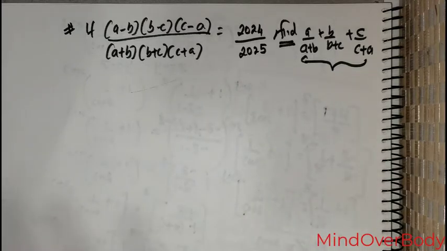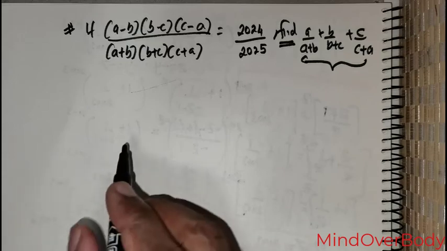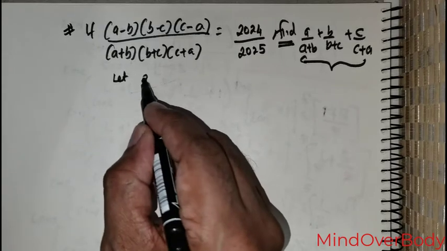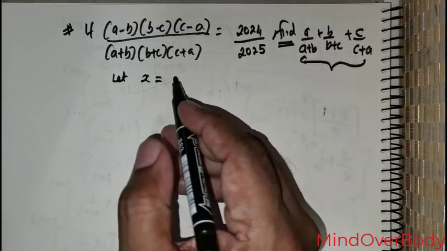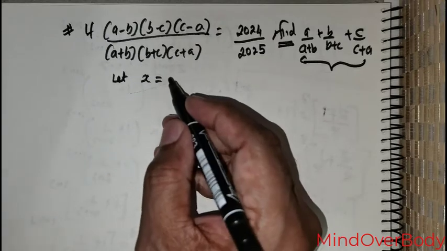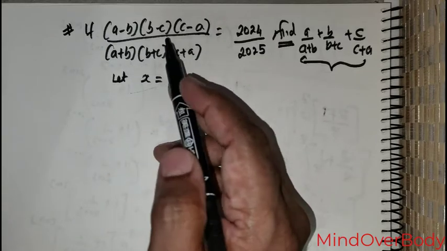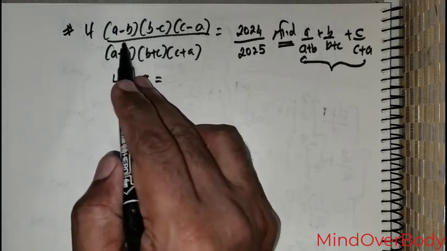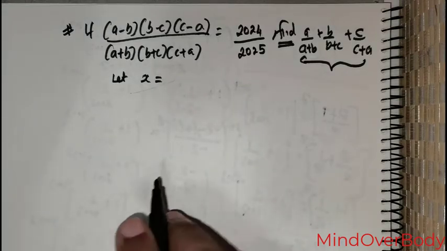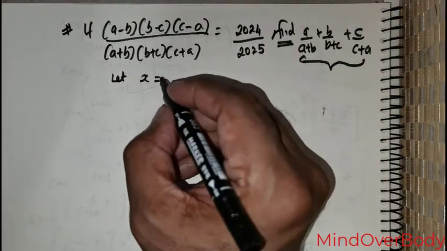Now the basic idea I'm going to give you is going to be the standard all the time. Whenever you have terms like this, what you need to do is make a substitution. Let x be equal to, don't take it as a−b, because it's not going to be of any use. All that you're doing is replacing one term with the other, and that is not going to alleviate your requirement.